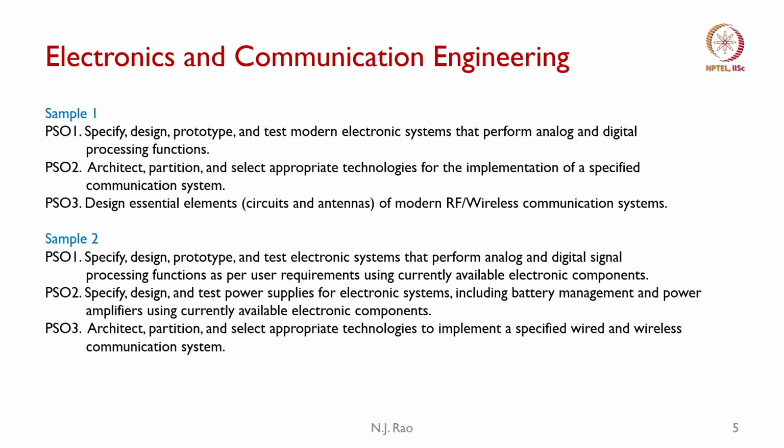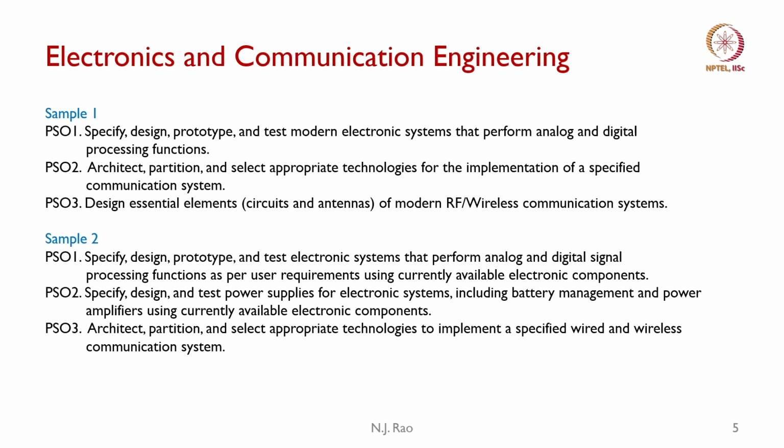First one is: specify, design, prototype and test modern electronic systems that perform analog and digital processing functions. See, there are four action verbs: specification, designing, prototyping and testing, and that too for modern electronic systems that perform analog and digital processing functions. That means the entire electronics is captured in one sentence.